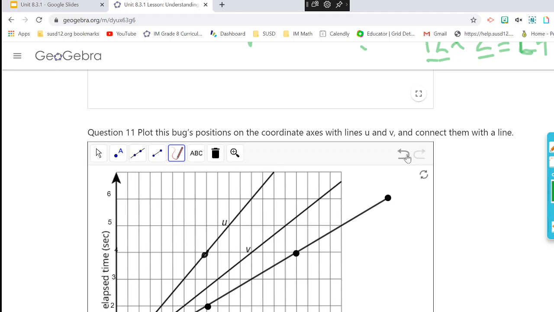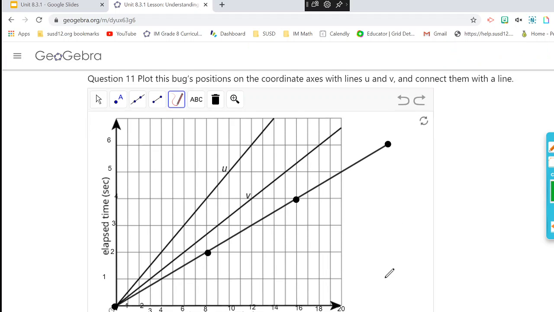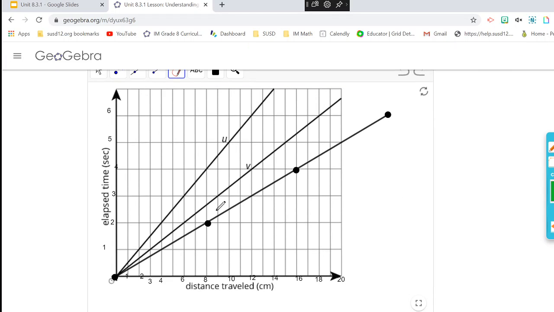That's not what I wanted. Not that. I want this one. Pencil. If ladybug had traveled 8 centimeters in 4 seconds, did I draw correctly? Yeah, green bug has traveled 8 centimeters in 2 seconds because she's twice as fast.